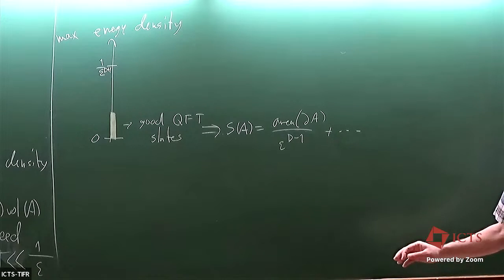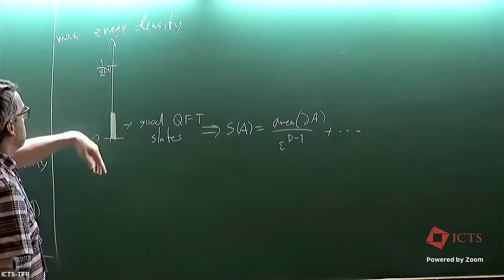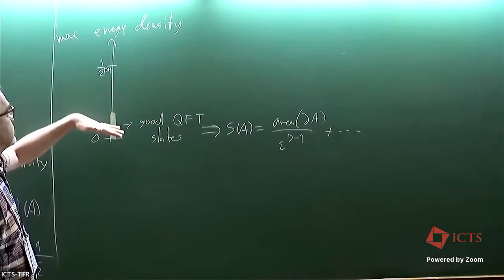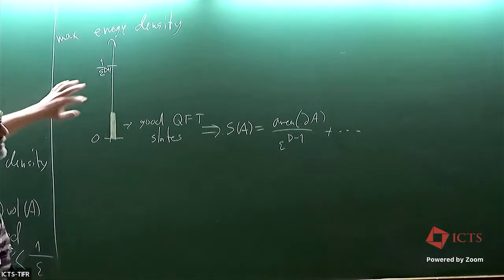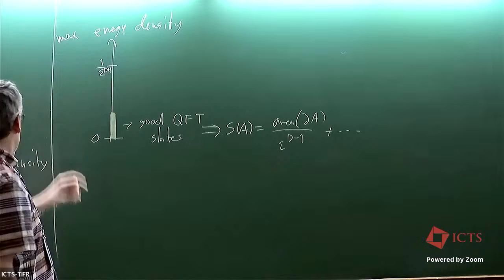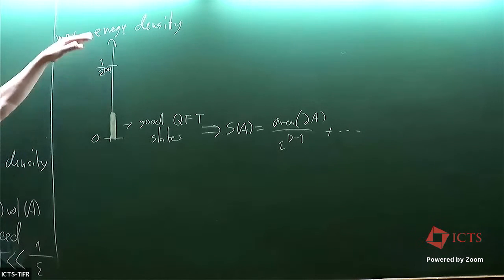So if this is an energy density, then it's true that at finite temperature, I need to integrate over all of these, and that means including all kinds of states that I've said are bad. As long as this condition is obeyed, those states don't matter. By the time you get to the top of this band, the exponential suppression is so large that it really doesn't matter what happens there.